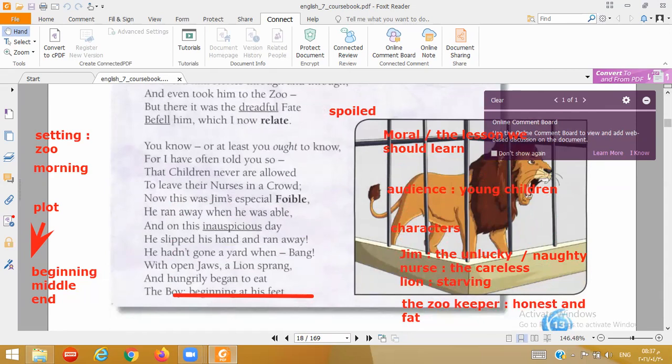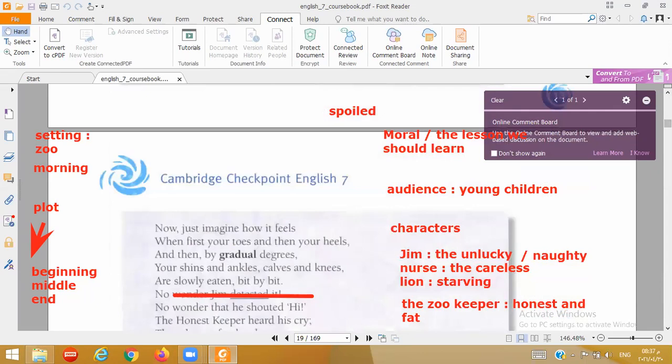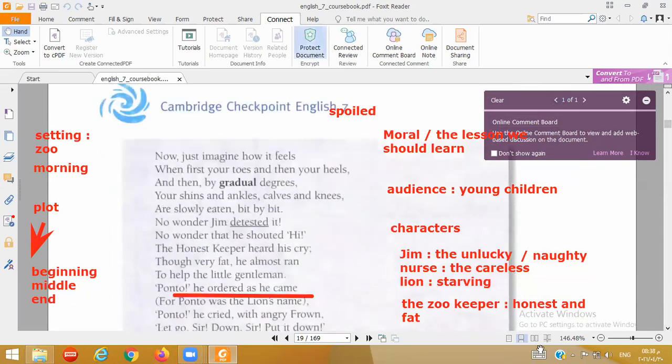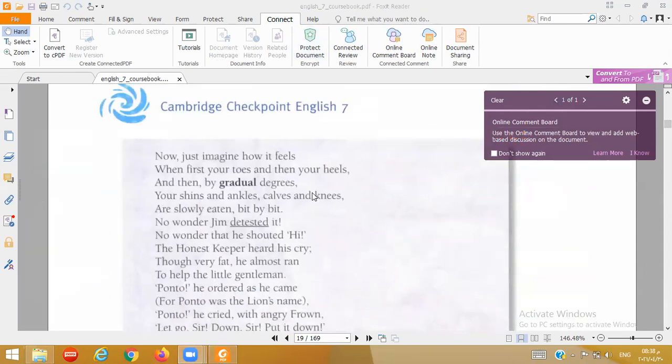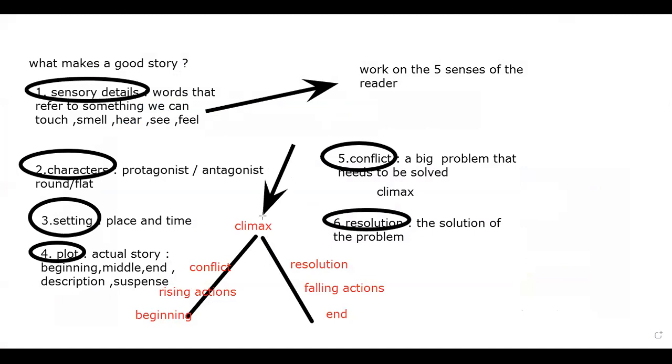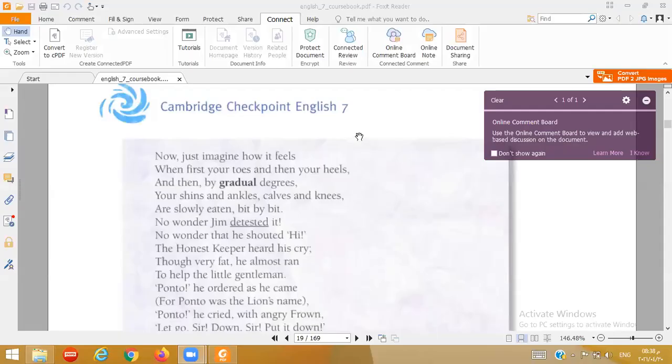Okay? Now, let me ask you, where is the climax? Climax means the top of the pyramid. Where is the climax? Can you tell me? Where is the moment in that story where I can say this is the climax?